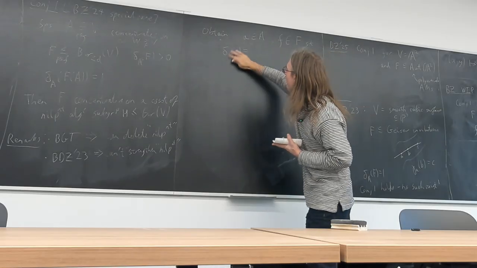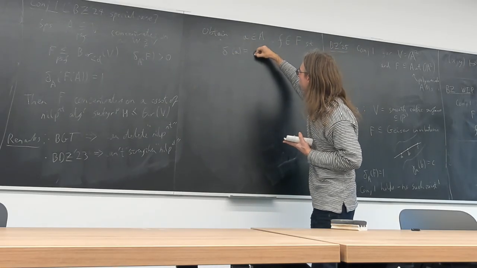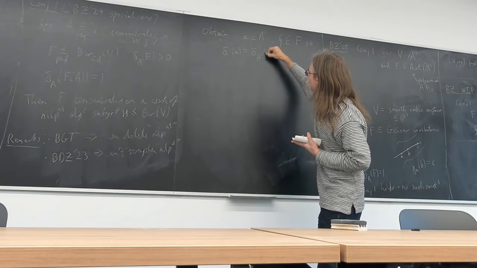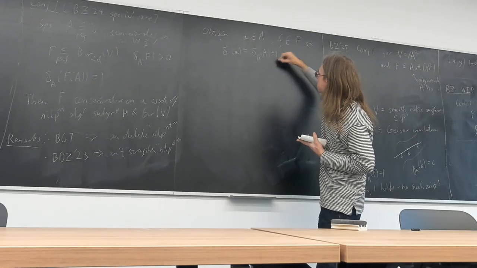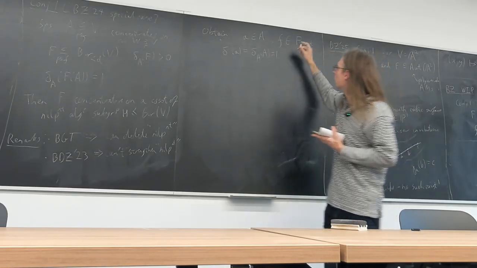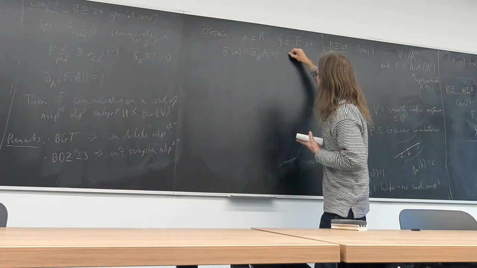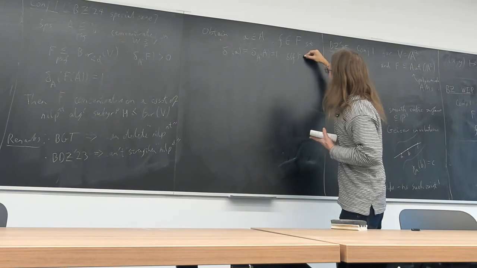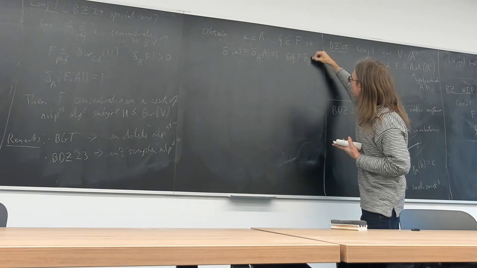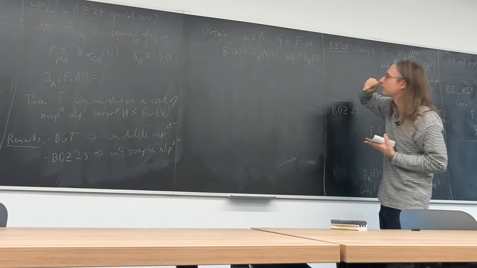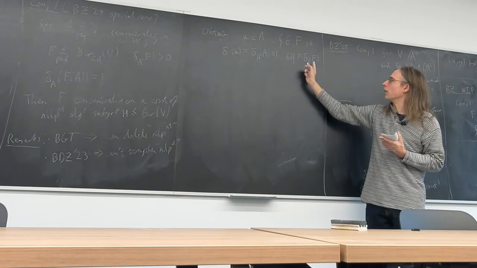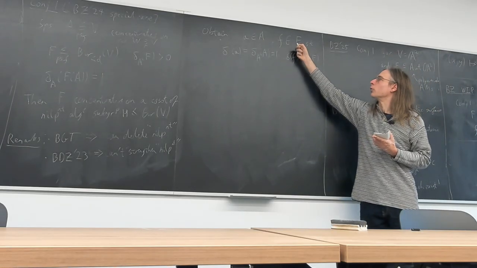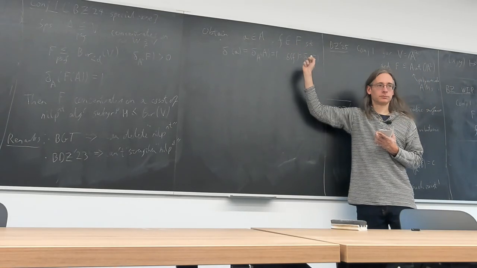So delta of a is 1, which is delta of A. And similarly, delta of f is delta of F. This is an upper bound because this is one of the sets in the type.